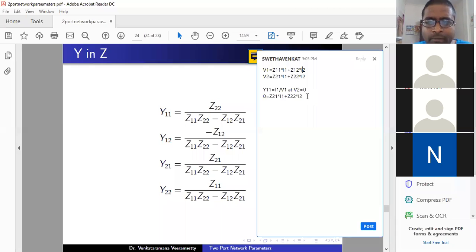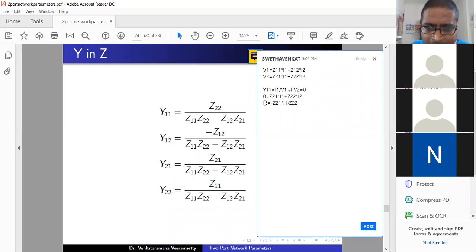So from this equation, I2 equal to minus Z21 multiplied by I1 divided by Z22.